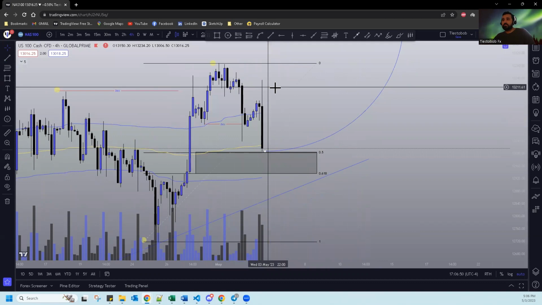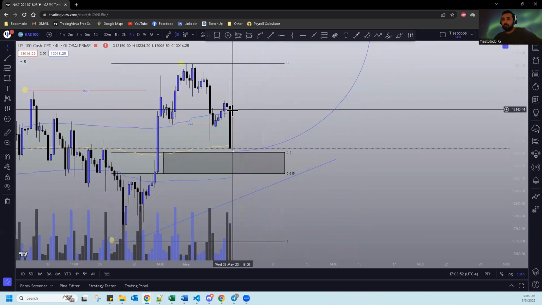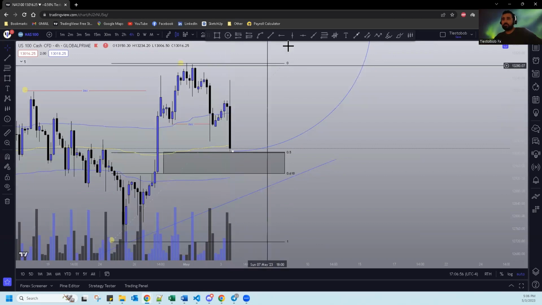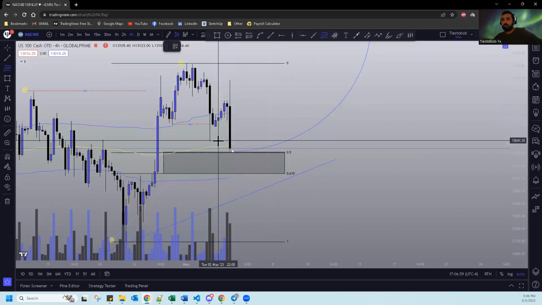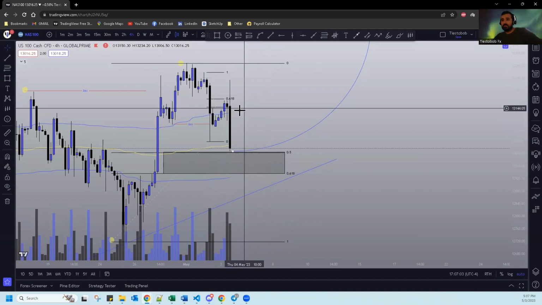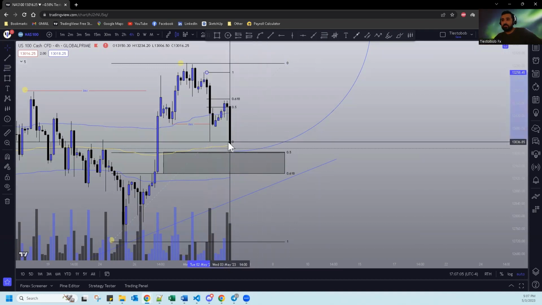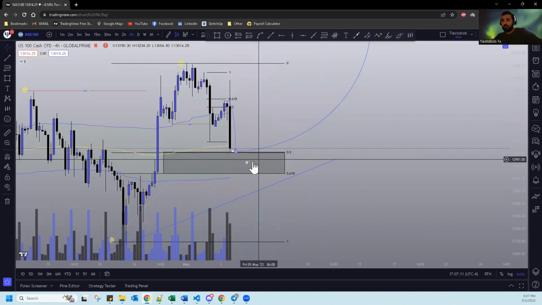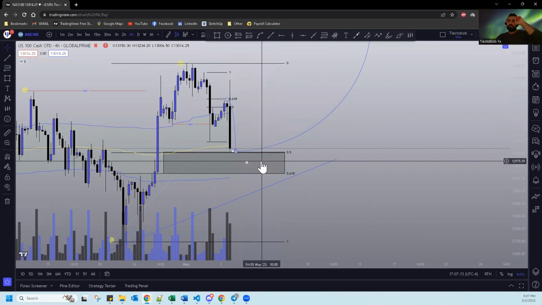Before this large bearish candle, we expected some sort of retracement up, only for price to get back into our original daily Fibonacci zone.